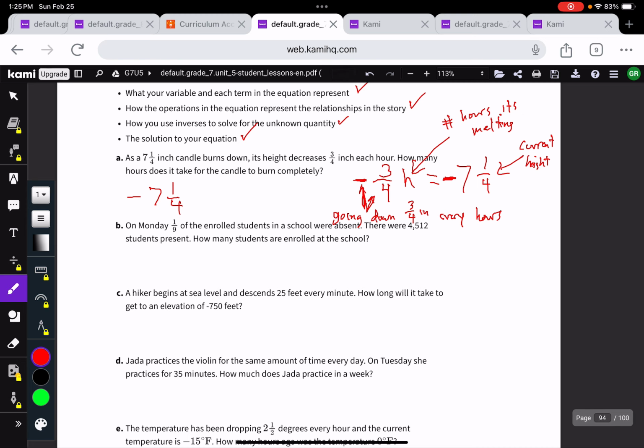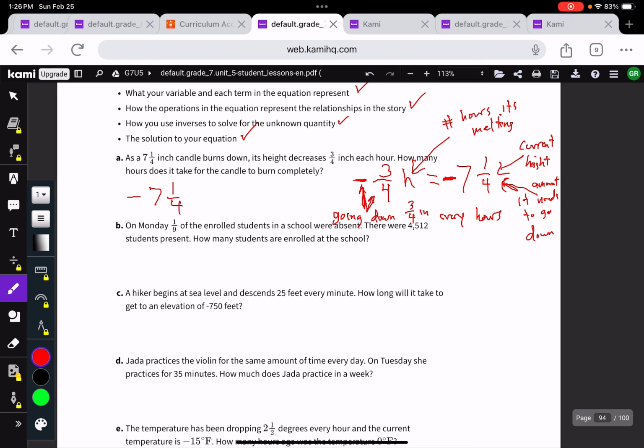Maybe we should say the amount it needs to go down because it's a negative answer, since saying the current height is negative doesn't really make sense. It needs to go down 7 1/4 because we're waiting for it to be gone.